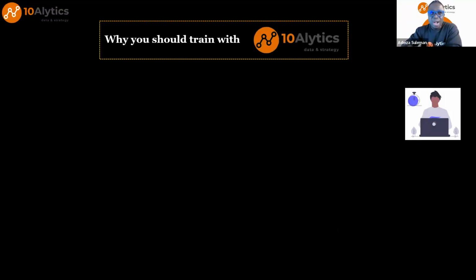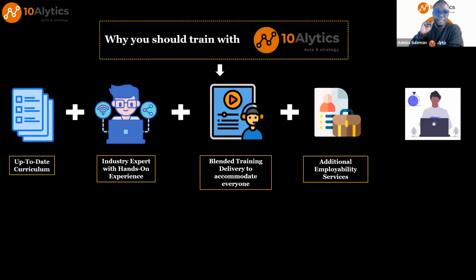Now, how have we been successful? How have we been able to help so many people get jobs? First of all, you have an up-to-date curriculum. You saw me talking about AI, you saw ChatGPT for analytics in the curriculum. We always move with the trends and what the industry requires.